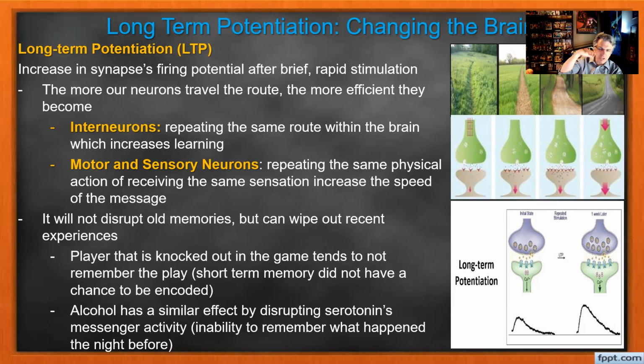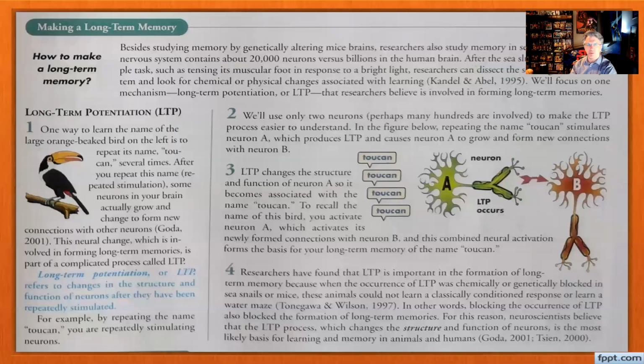And that gets in the way of making these connections. And it also kind of loses where we put the memory, which is why sometimes when someone's been drinking for a while and they get up sober the next day, they can't remember what happened the night before until they drink again. And then suddenly that memory comes back, and that is sort of a state-dependent memory, which we're going to talk about here in a couple of minutes.